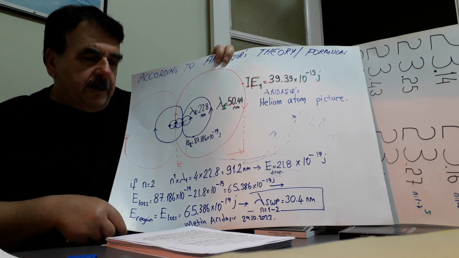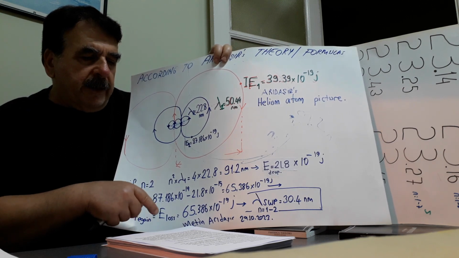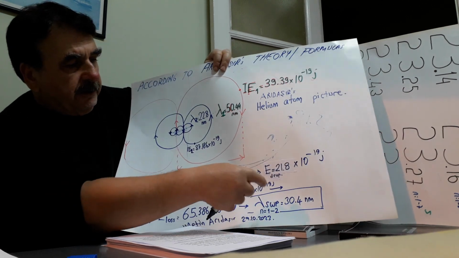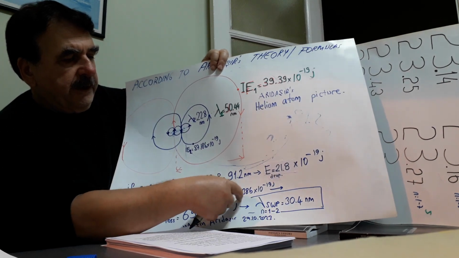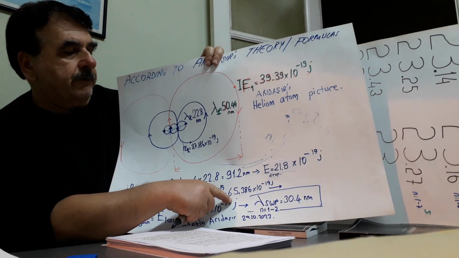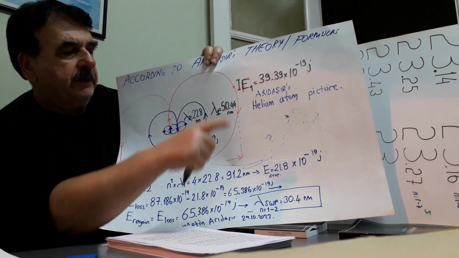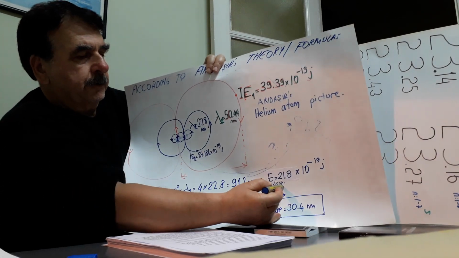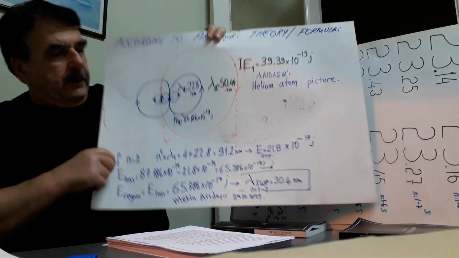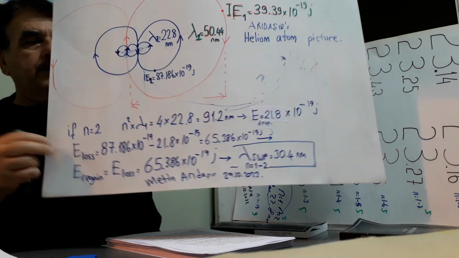Okay, now the amount of energy loss is this energy value, 65.386 times 10 to the minus 19 joules. Here. Okay.